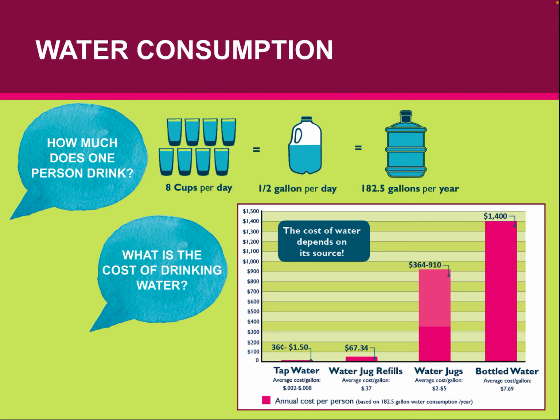Now, remember the fact that the average water consumption is about half a gallon per day, so you're looking at about 0.004 cents per person per day, which for a family of 4, if I can do the math correctly, would be about 1.6 cents per day, which compared to $7.69 per person per day, which for a family of 4 would be about $30 per day, it shows the big discrepancy in the cost of water depending on where it is sourced from.